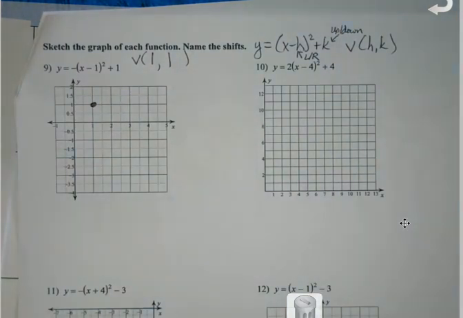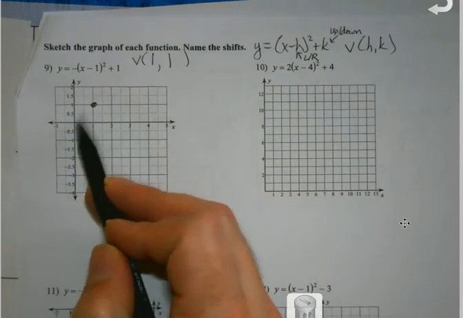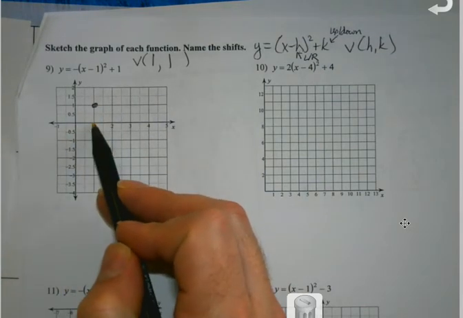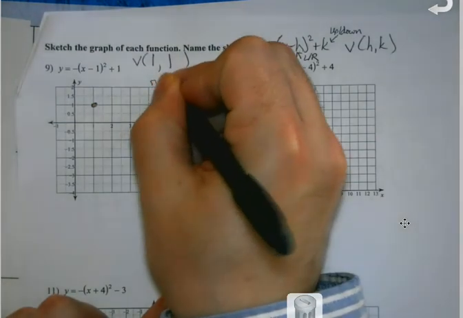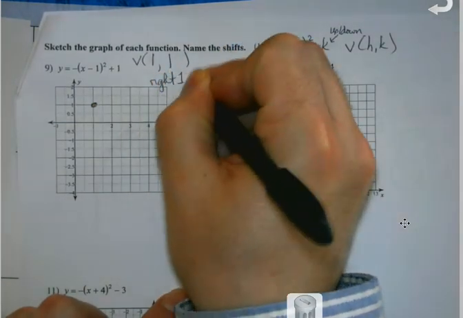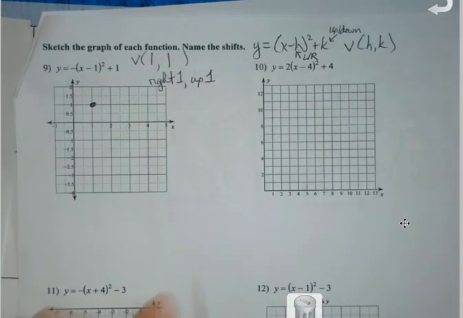Okay, and we had that in the notes before too. But how can I tell? Here's how I can tell even if I don't remember the formula. If I start from 0 to get to my vertex, where did I go? I went right 1 and I went up 1. So however I get from the origin to where my new vertex is, that'll tell me where the shifts are at. It's kind of cool.